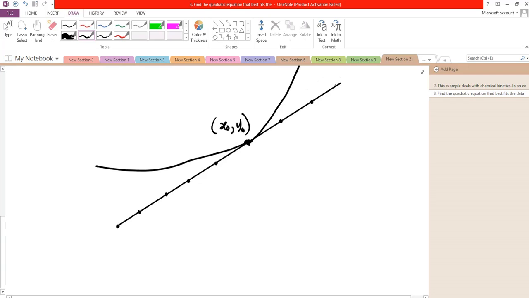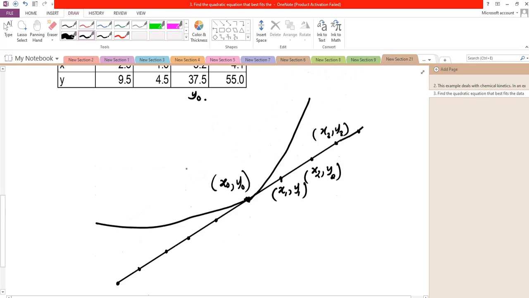With this data gotten, you can calculate it. Let's say here the coordinate is x subscript 1, y subscript 1. Here is x subscript 2, y subscript 2. This is x subscript 3, y subscript 3, and so on and so forth.